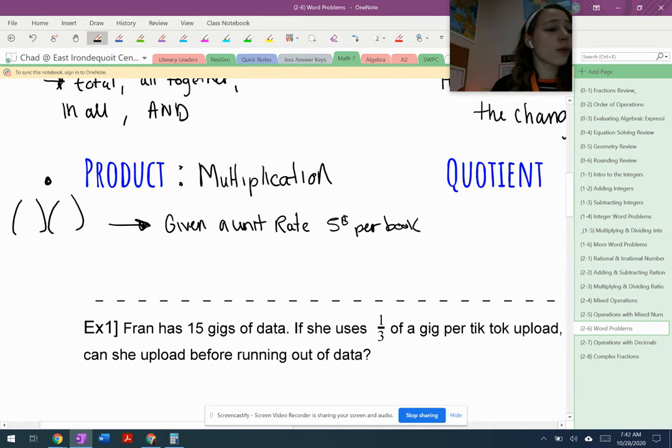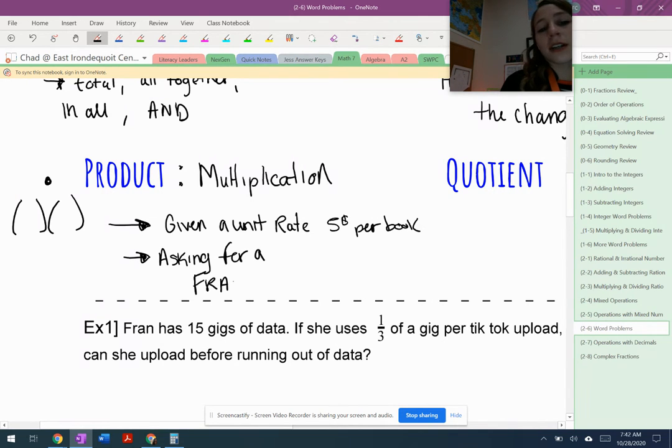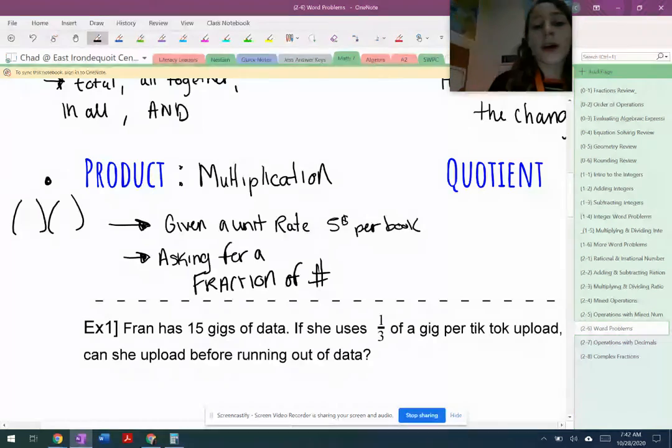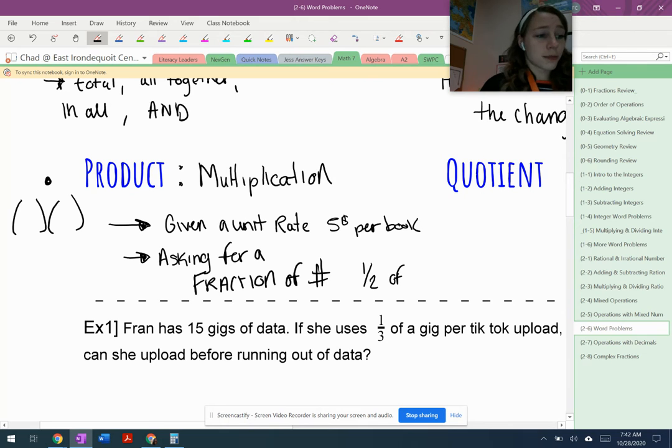Another one of those, you use multiplication when you're asking for a fraction of something. When they're asking for a fraction of a number, like if it says 1/2 of, that is multiplication.